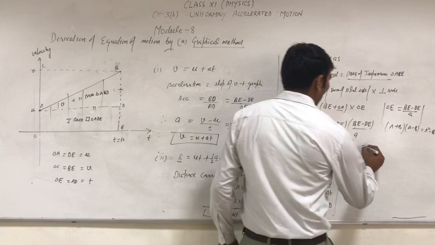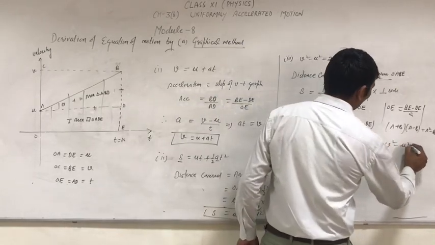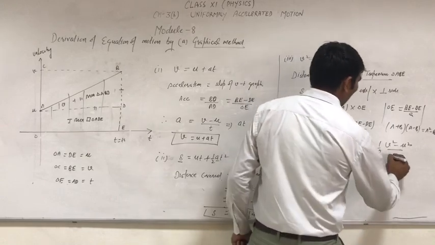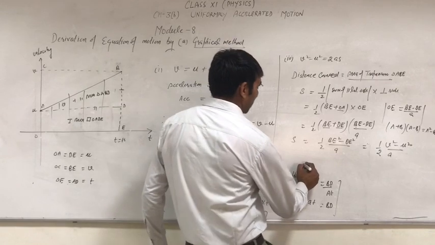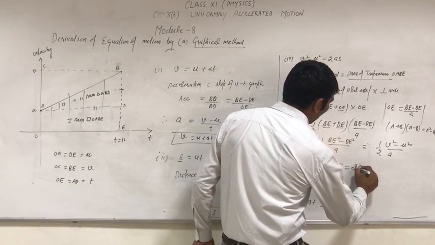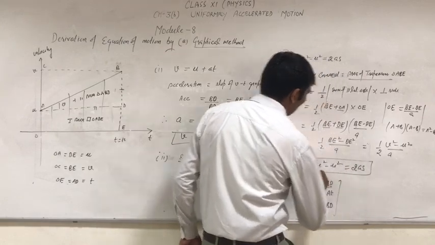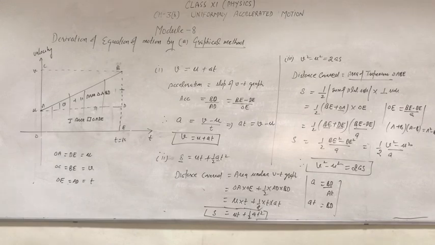Now 1 by 2 (V square minus U square) divided by A. Therefore V square minus U square is equal to 2AS. Now this is the third equation of motion by graphical method.